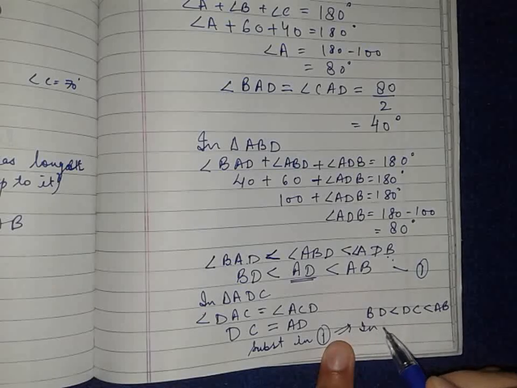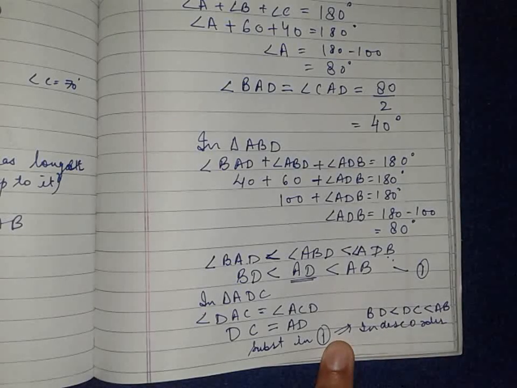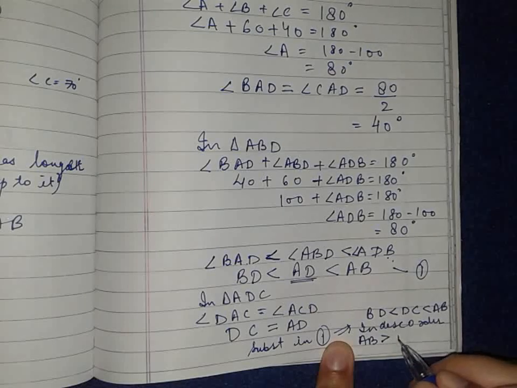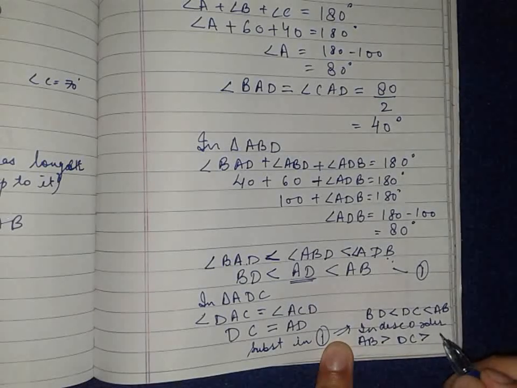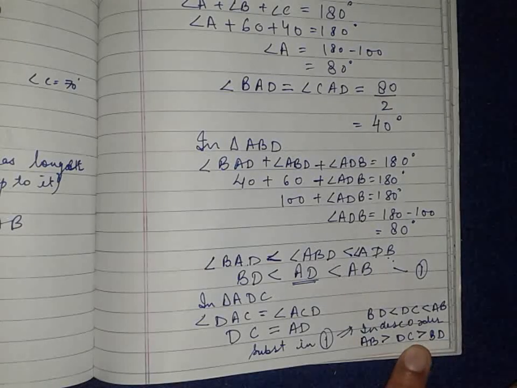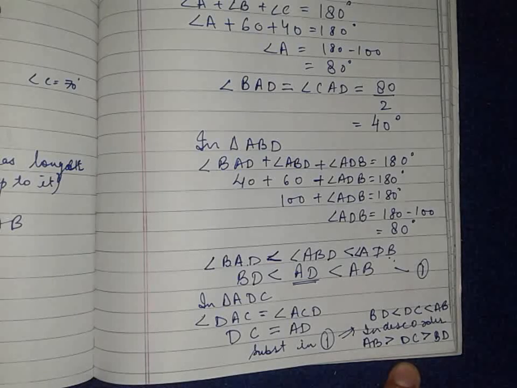And in descending order, what can I write? AB is greater than DC greater than BD.